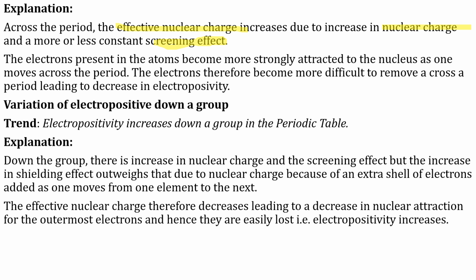So if effective nuclear charge is low, outermost electrons are going to be less attracted to the nucleus. That means that there will be more ease in losing them. And if screening effect is high, that means that electrons are having a stronger repulsive force between themselves, which will lead to easy loss of electrons.